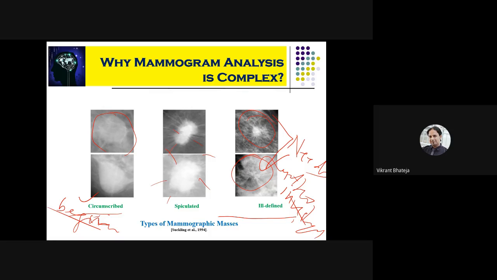So certainly because of that, these ill-defined structures sometimes get misclassified as benign. Once they get misclassified as benign, they may be left untreated, and they may later grow up as cancer. Sometimes they get misclassified as malignant.